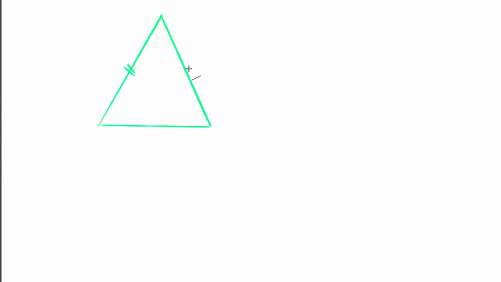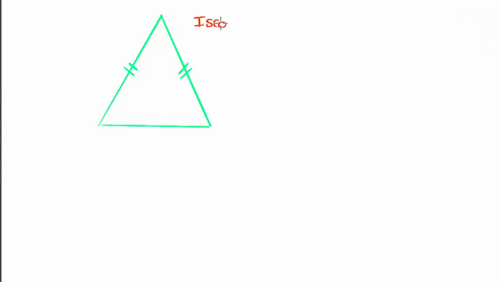If I had a triangle, an equilateral, what is it called? An equilateral triangle is where three sides are equal. Isosceles triangle.